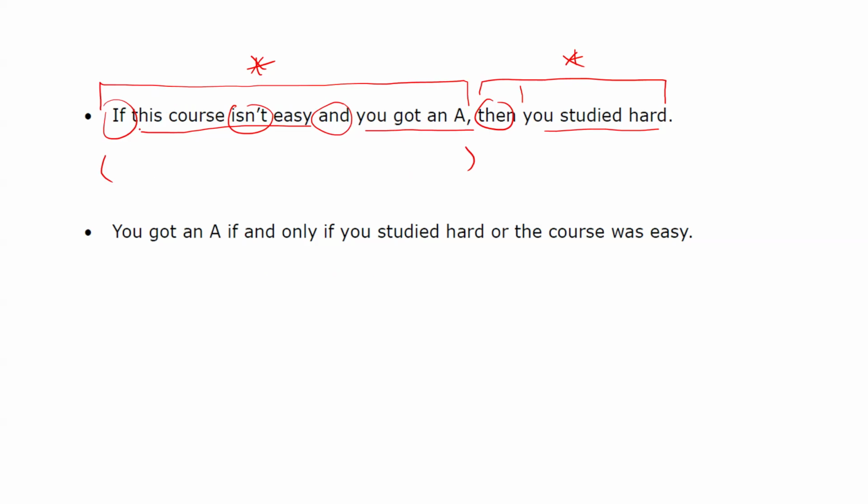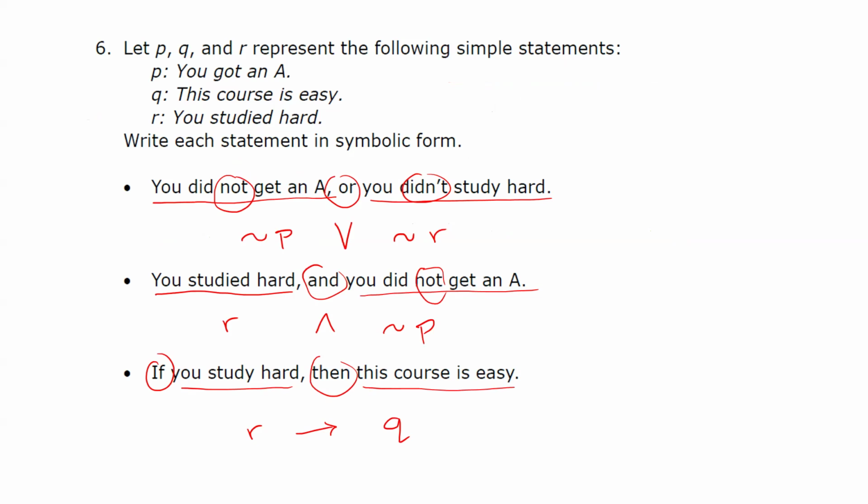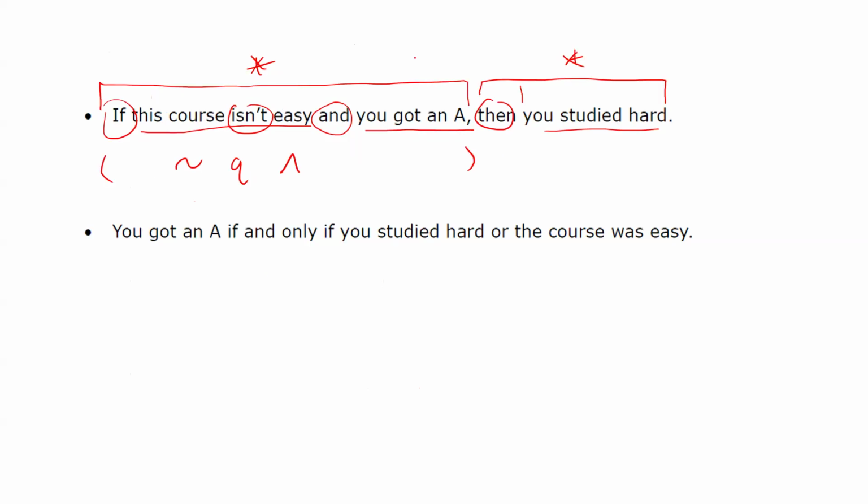So this course isn't easy would be not Q. And you got an A. So you got an A is P. So we have not Q and P. Okay, so that's the if clause. Then you studied hard, and studied hard is R.